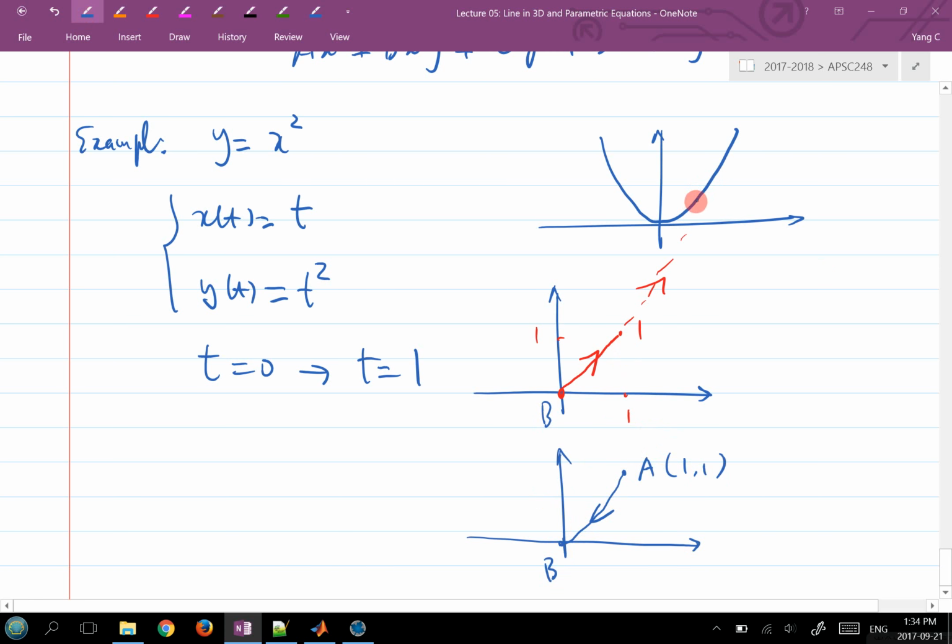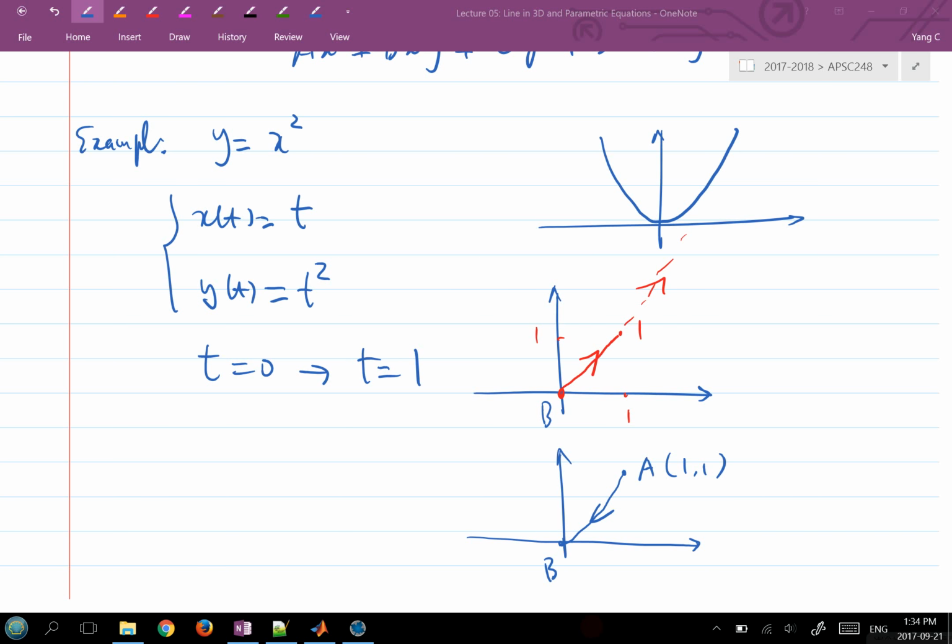If that's the scenario, can we still use this parametric equation? Apparently not, right? Then what would be a parametric equation for the case we just described?